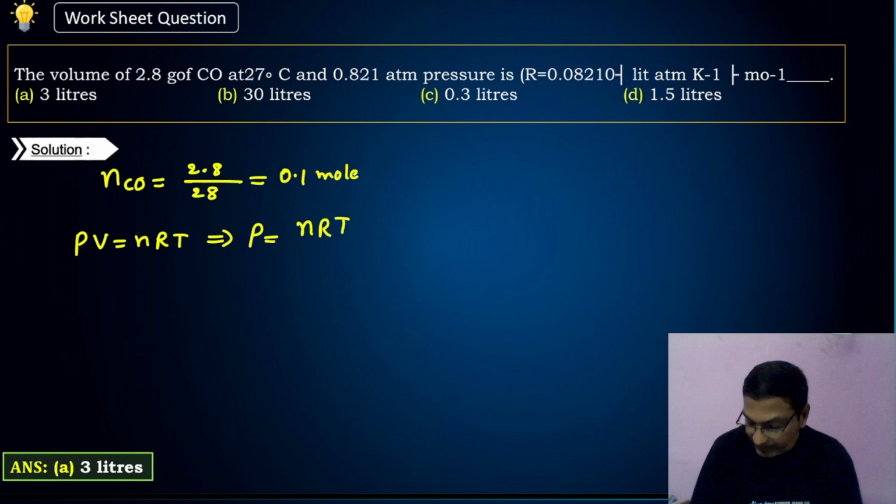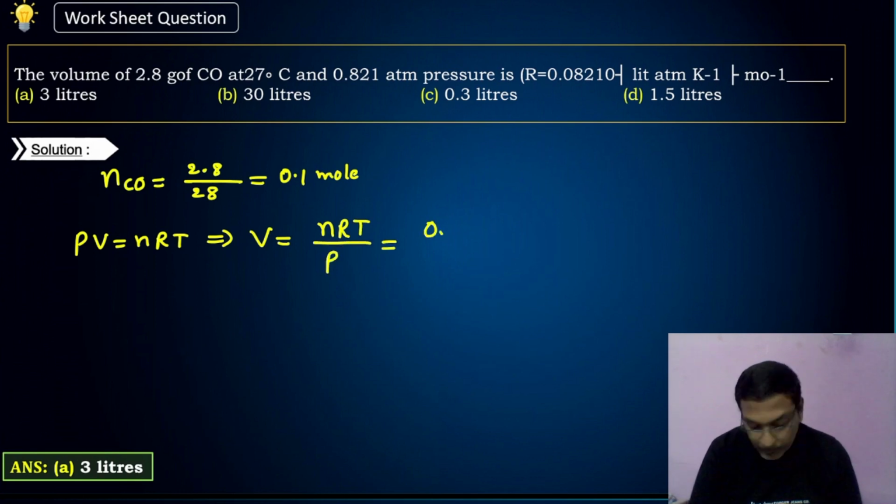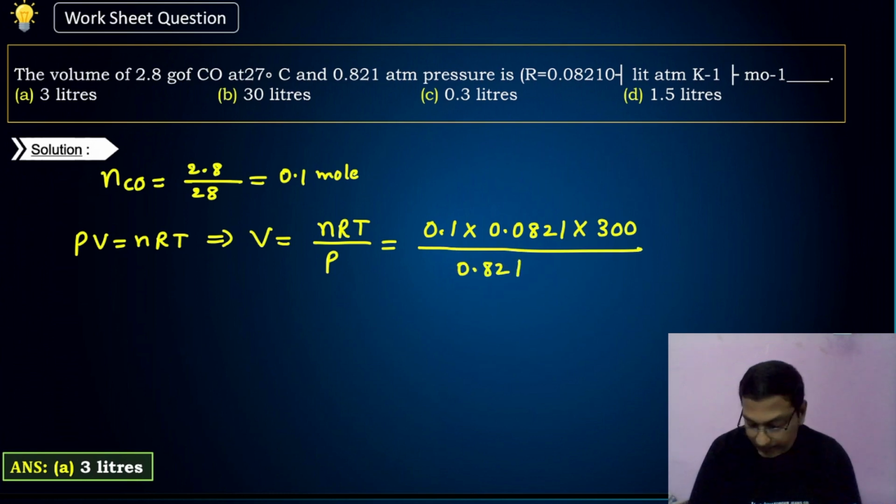N naught T by V. So volume we should find. Therefore, I will write like this. V equal to N naught T by P. So N value 0.1 and R value 0.0821 into temperature 27 degrees centigrade 300 kelvins by pressure 0.821.